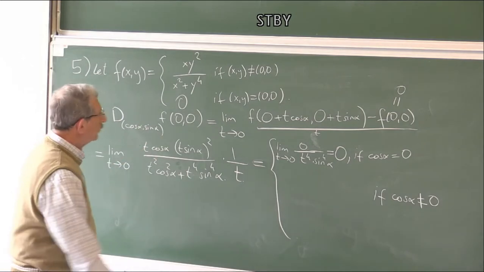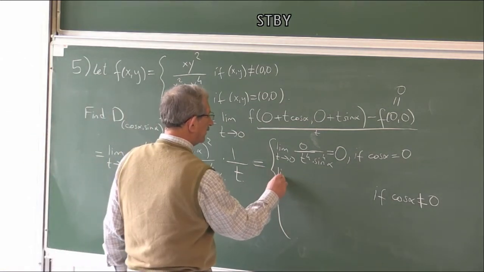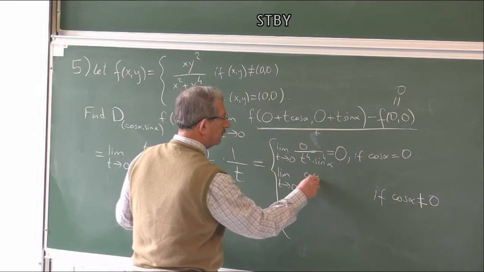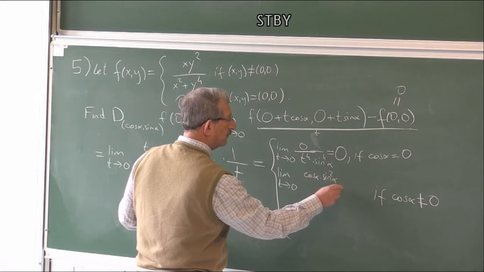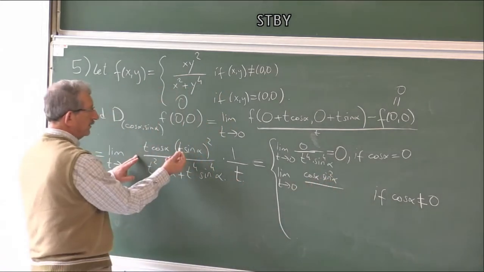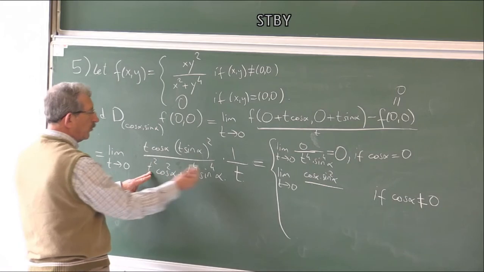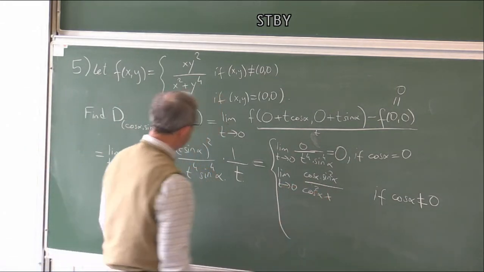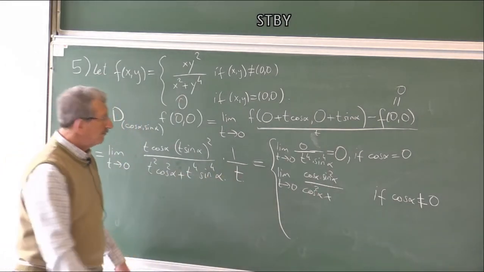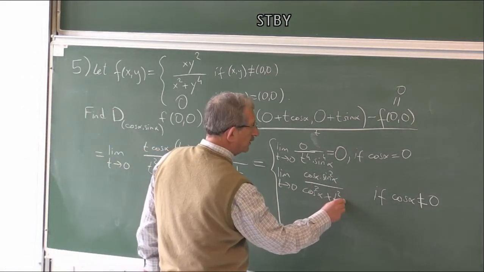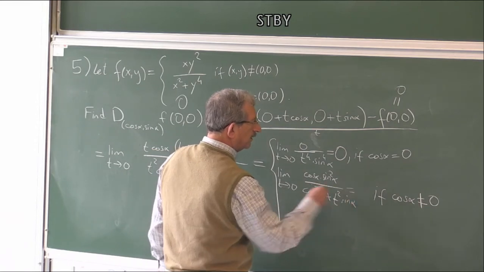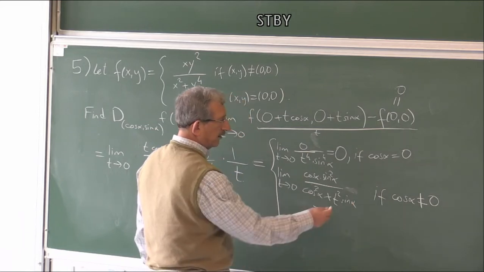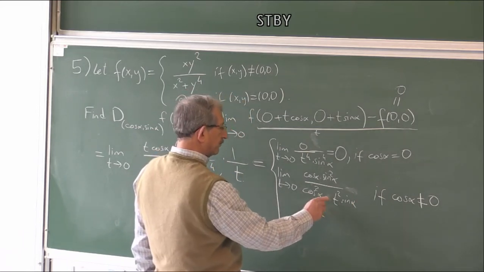So canceling those, we have the limit as t goes to 0 of cosine alpha sine squared alpha divided by cosine squared alpha plus t squared sine alpha, with a plus sign.